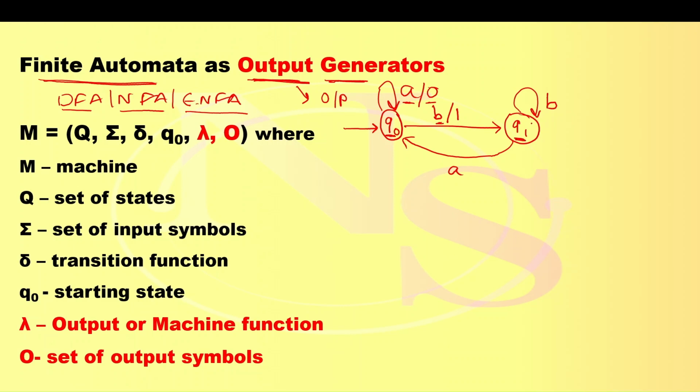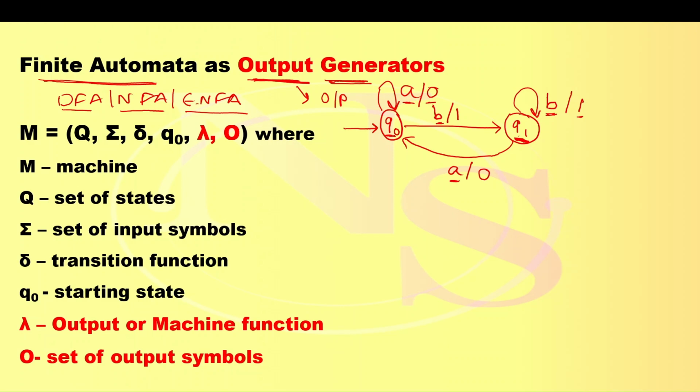Q1 is a state reading B giving output 1 going to state Q1. At this moment you need not worry why output 0, why output 1. This is just an example to understand the concept of output generators. Similarly, Q1 is a state reading A giving output 0 going to state Q0.